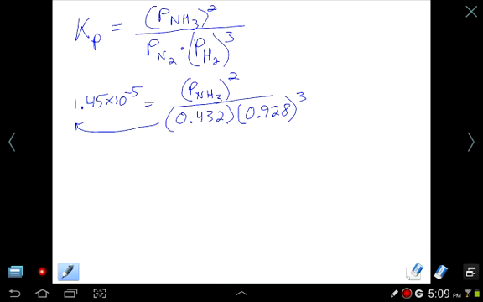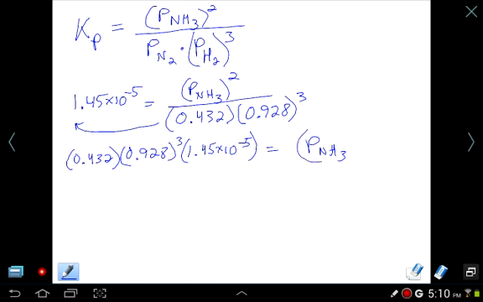So we got ourselves 0.432 multiplied by 0.928 cubed multiplied by 1.45 times 10 to the negative fifth. And this equals the pressure of NH3 quantity squared.